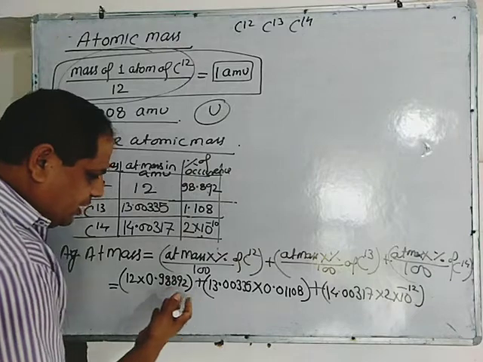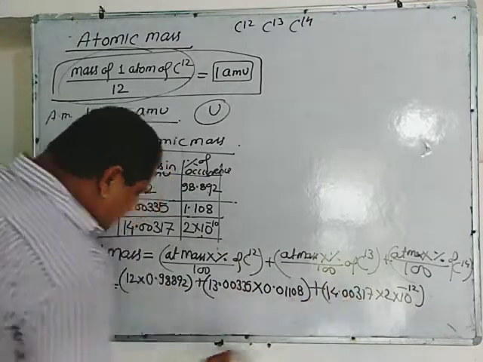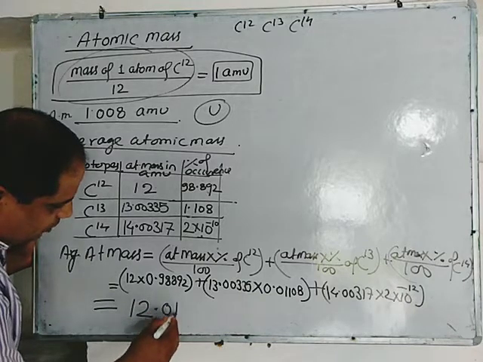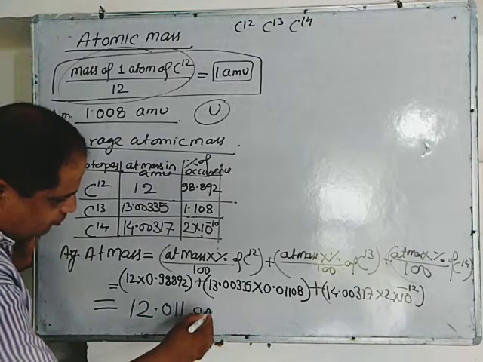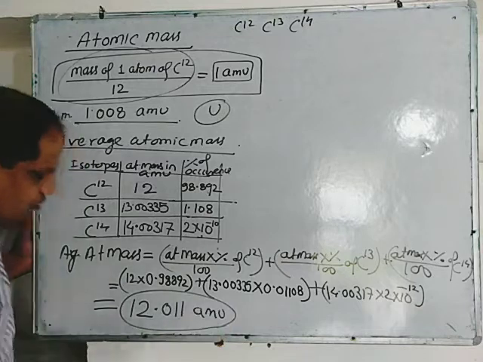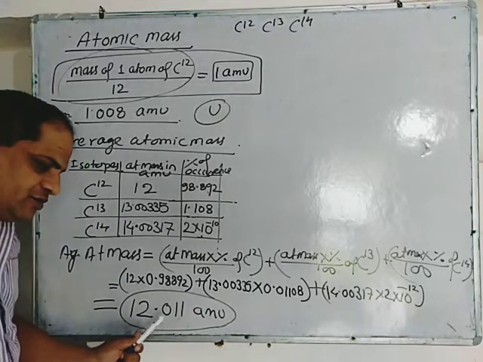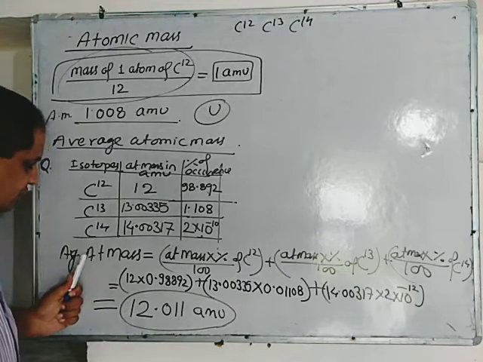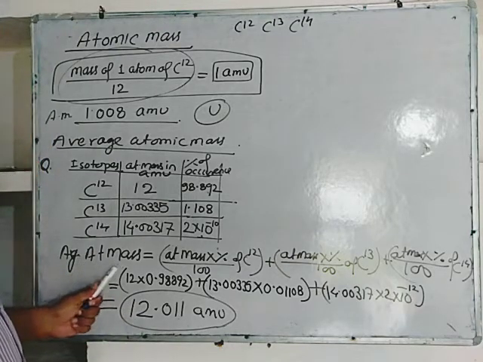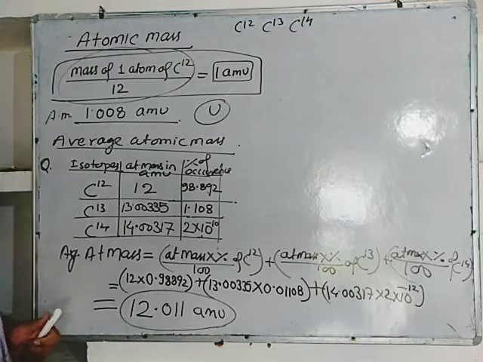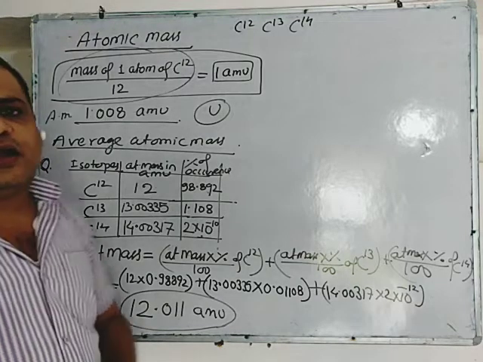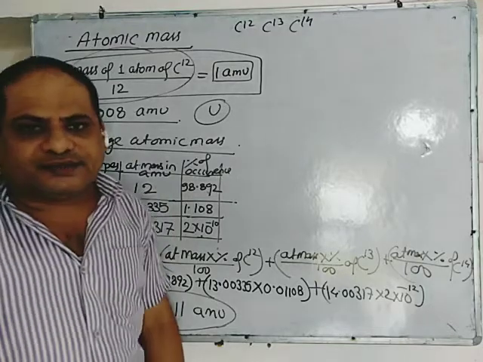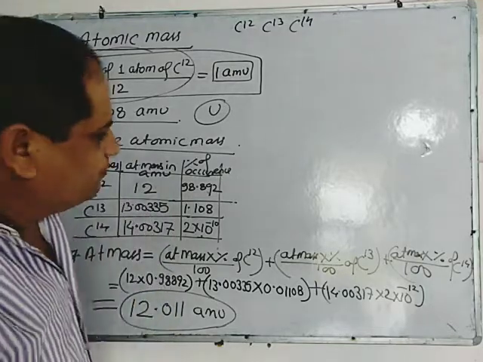So when you add these figures, you will get 12.011 AMU. So this 12.011 AMU is the average atomic mass of carbon. In this way, you can calculate the average atomic mass of any element which exists in the form of isotopes.